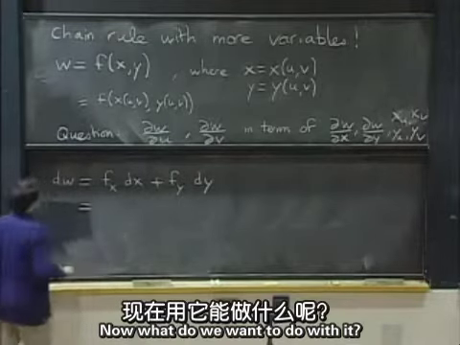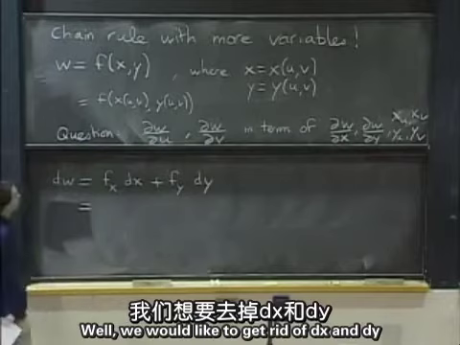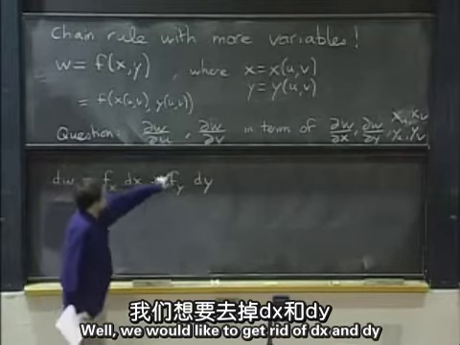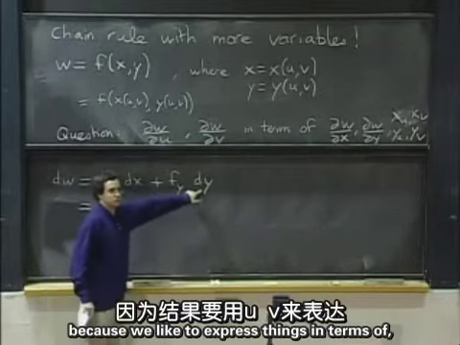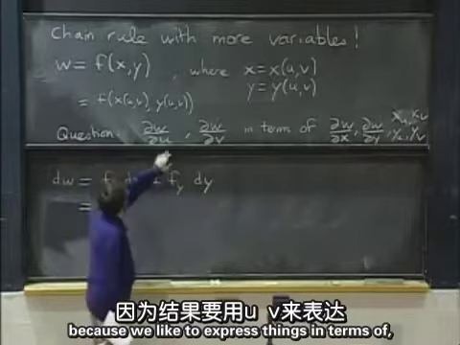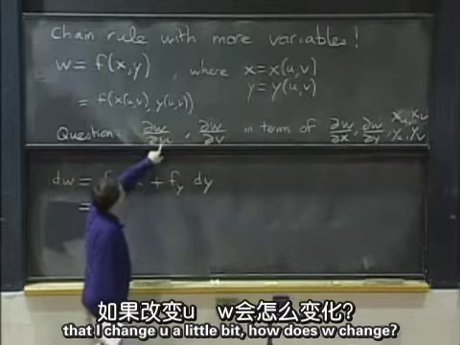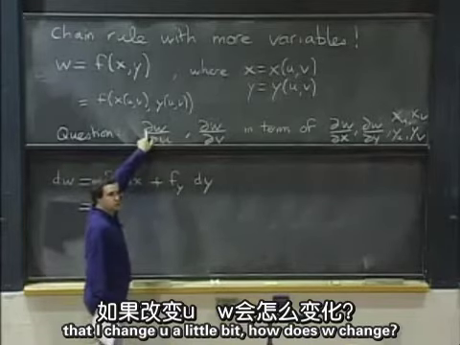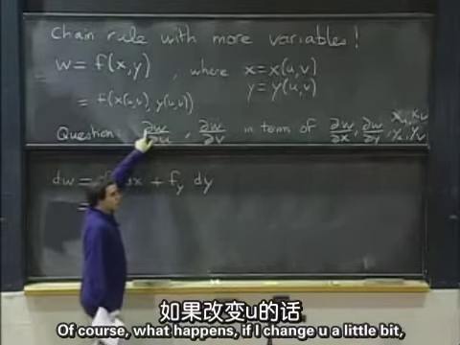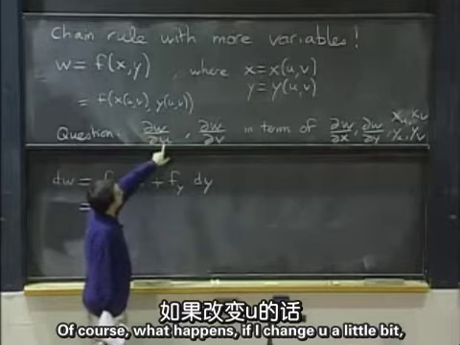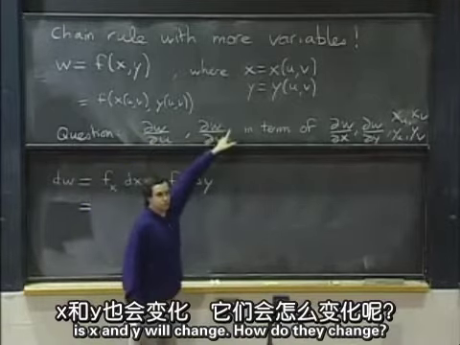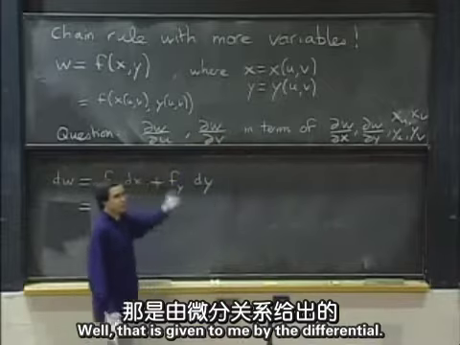Now, what do we want to do with it? Well, we'd like to get rid of dx and dy because the question we're asking ourselves is, let's say that I change u a little bit, how does w change? So of course, what will happen is if I change u a little bit, then x and y will change. How do they change? Well, that's given to me by the differential.